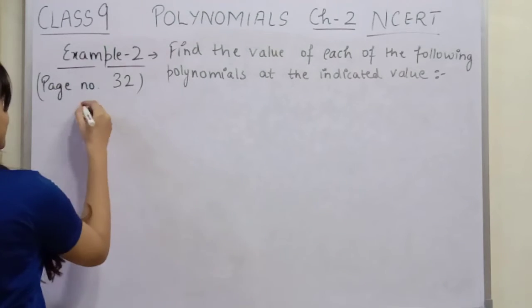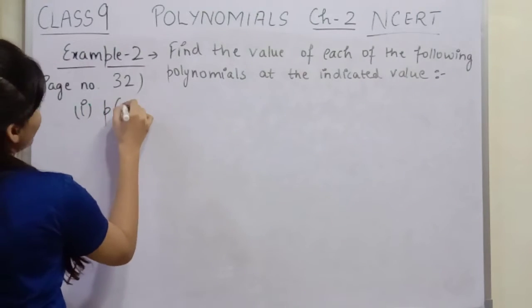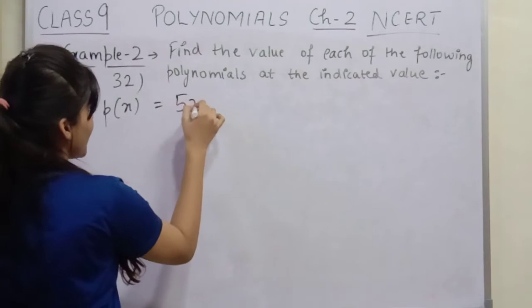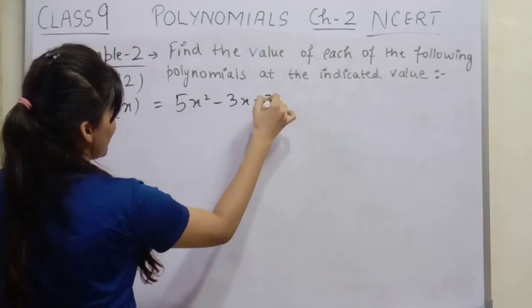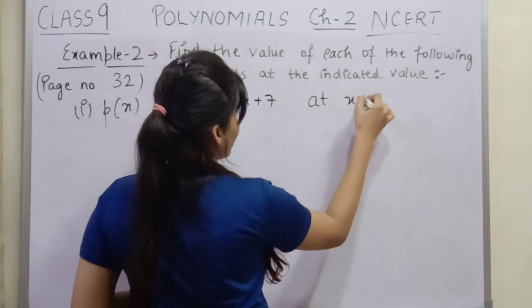So the first part is p(x) equals 5x squared minus 3x plus 7 at x equals 1.